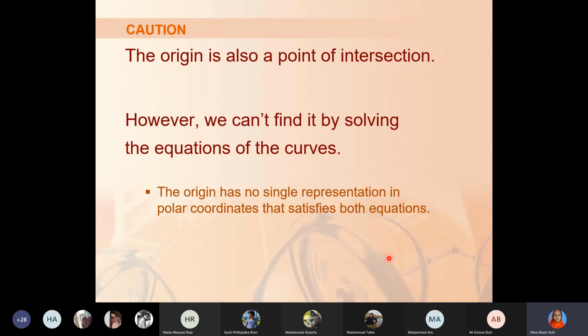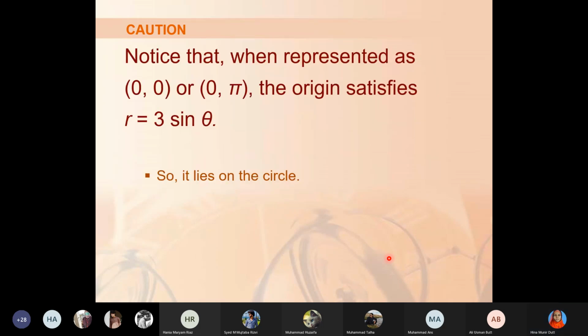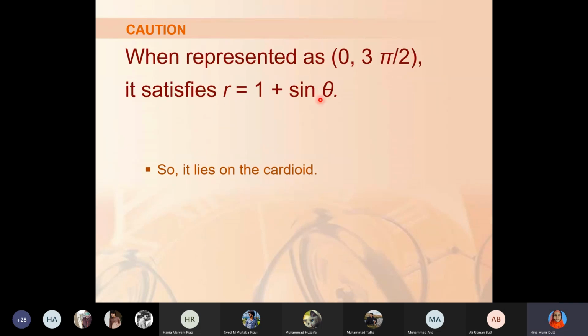When we draw the circle, we see that (0, 0) and (0, pi) satisfy this curve, that is the circle. So these points, which are representations of the pole, lie on the circle. And similarly, (0, 3 pi by 2) lies on this cardioid because it satisfies this curve.